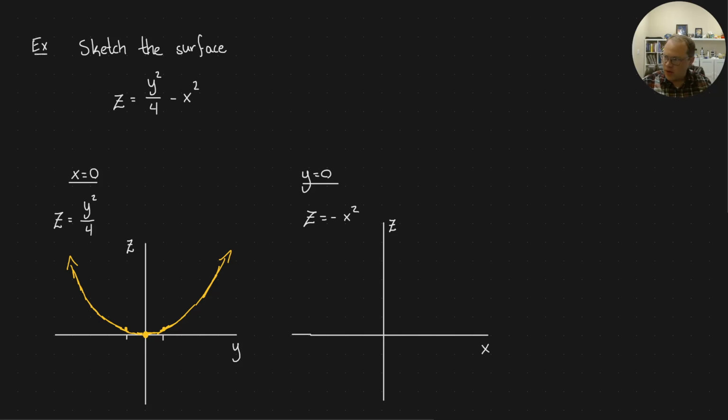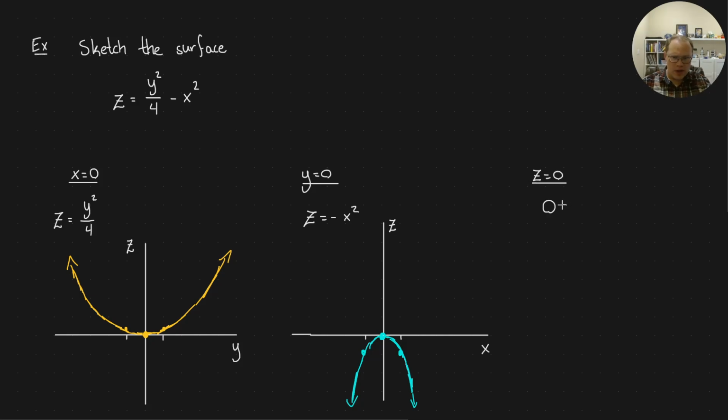Okay, so the vertex is at the origin, and it opens down, and the coefficient's -1, so if I go 1 over left or right from the vertex, I will go down 1.